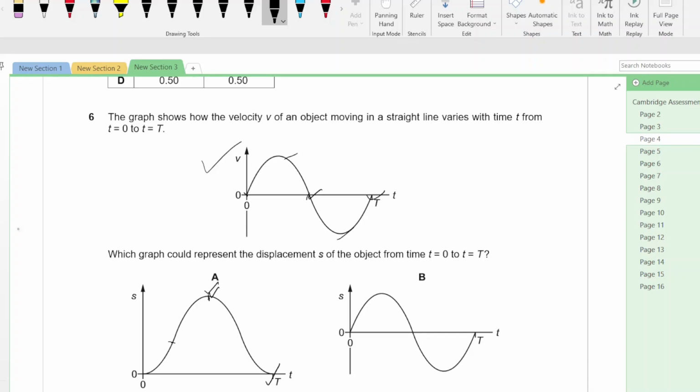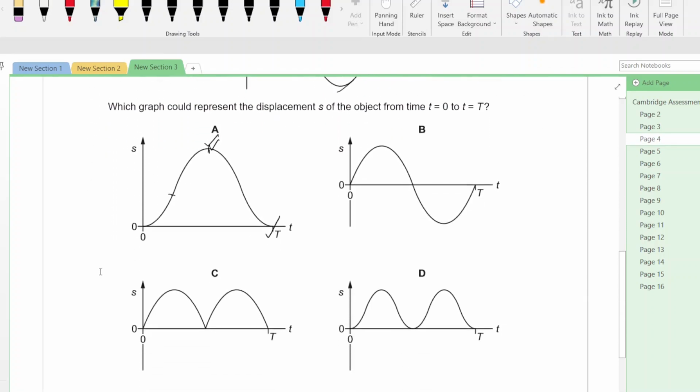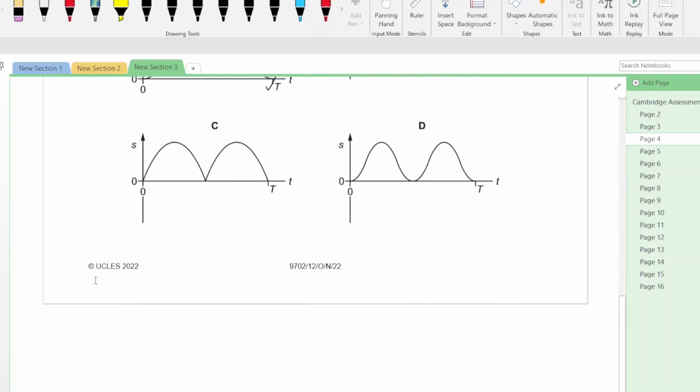Therefore, the situation in the velocity-time graph is best described by the displacement-time graph at answer A. Therefore, write 6, A.